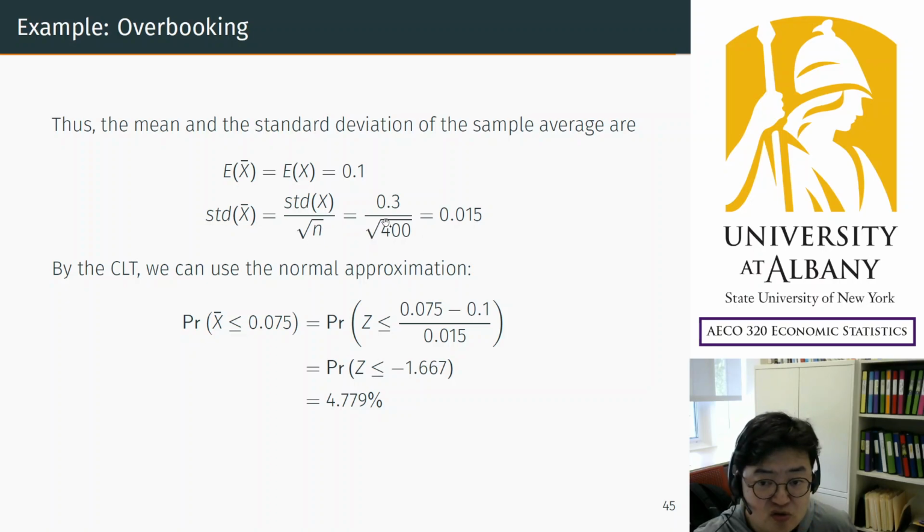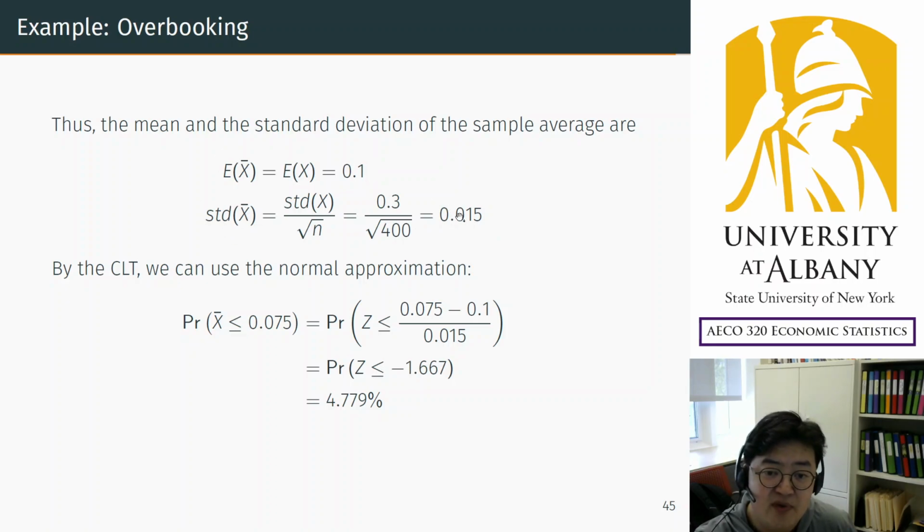And the square root of 400 is 20. So the denominator becomes 20. So the standard deviation of the sample average is 0.015, much smaller than a single observation's standard deviation. Now you have the mean and the standard deviation of the sample average.